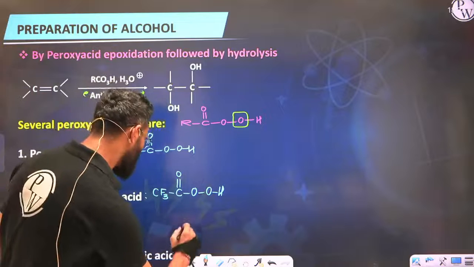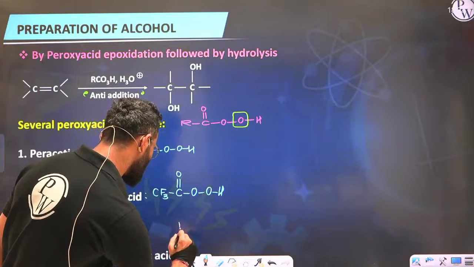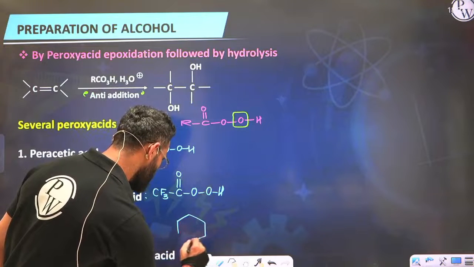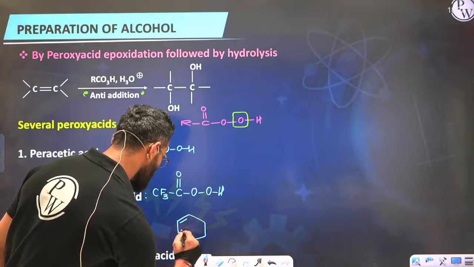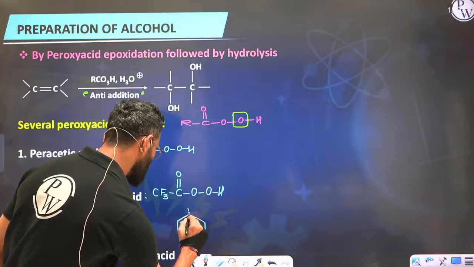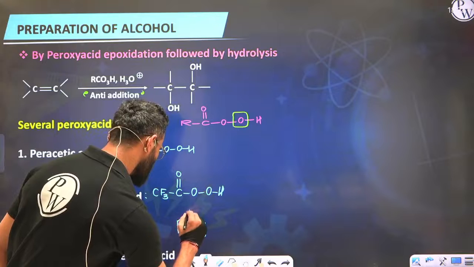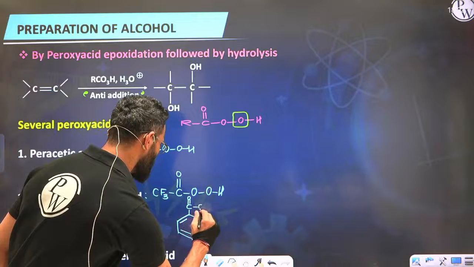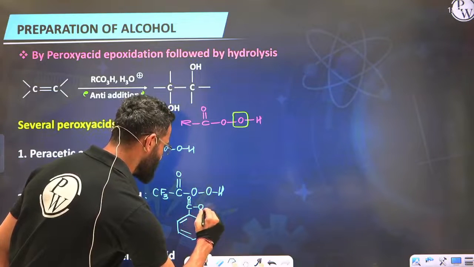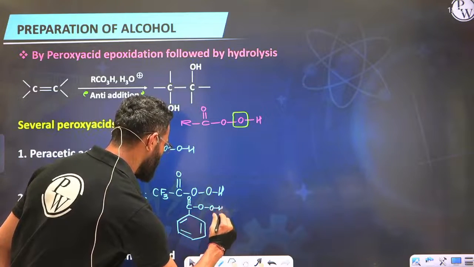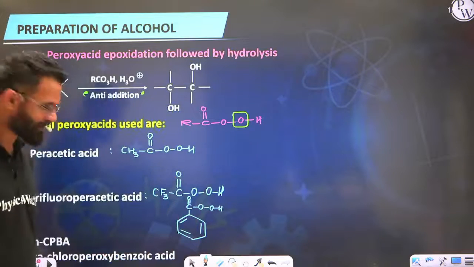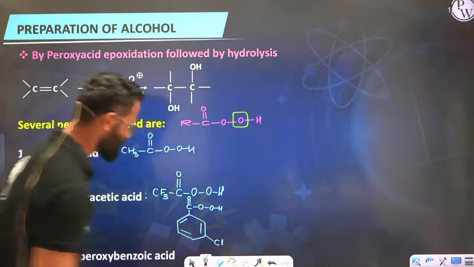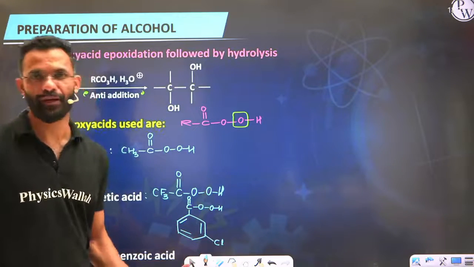So structurally benzoic acid can be represented like this, C double bond O, O, and if you write H, that's going to be benzoic acid. We are adding one more O. So this is peroxybenzoic acid. At the meta position, I am putting chlorine. Now this is meta-chloroperoxybenzoic acid.